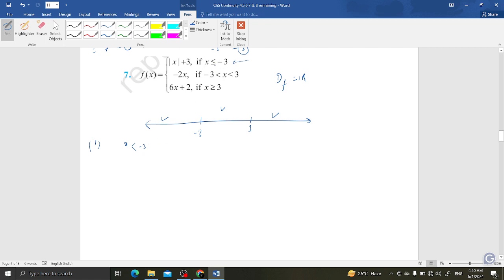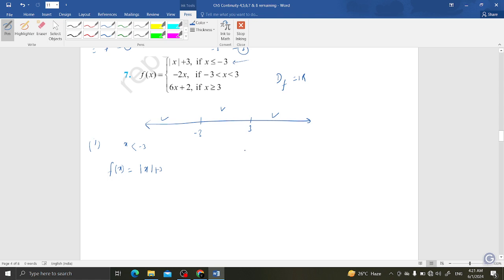For the left side, less than or equal to, we define mod x plus 3, and on the right side we have minus 2x. So it may be possible that at minus 3 it will not be continuous. That's why I took first of all x less than minus 3, for which we have the same function, mod x plus 3.